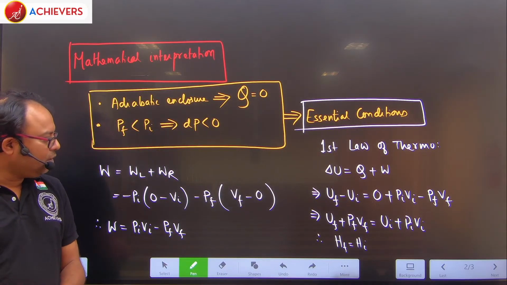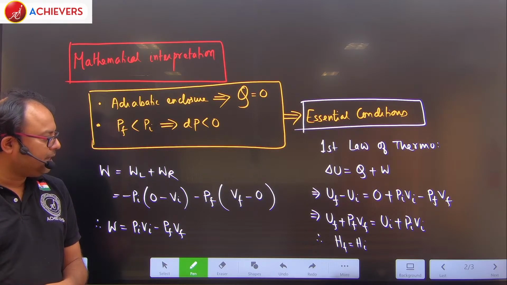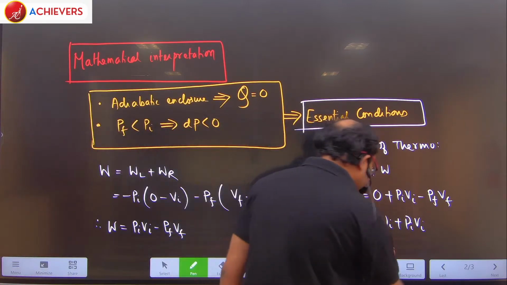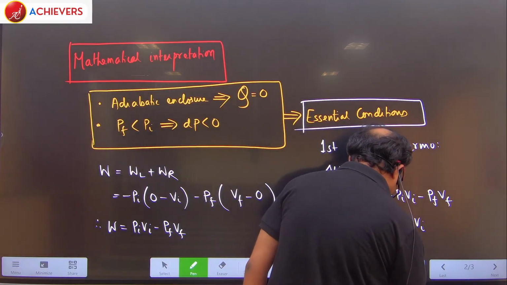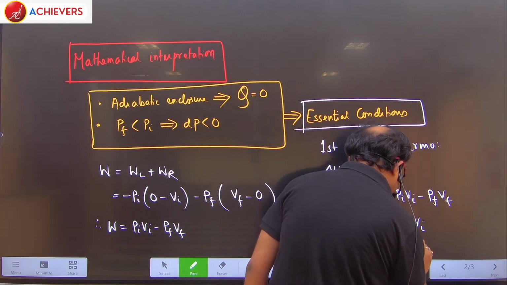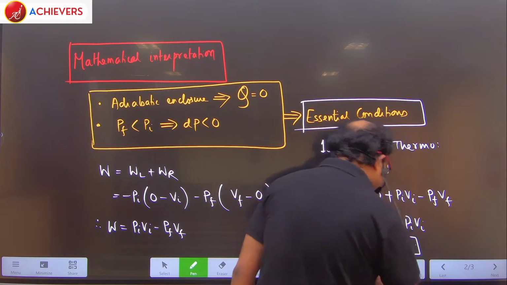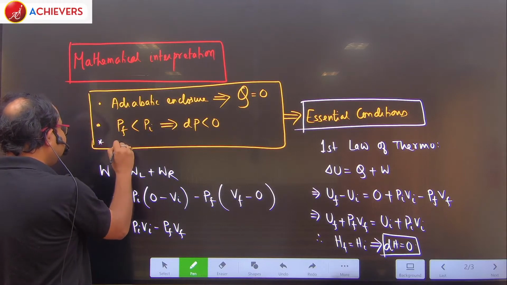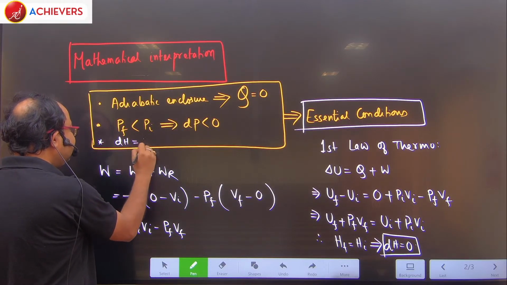So you find Uf plus Pf Vf equal to Ui plus Pi Vi. That makes Hf equal to Hi. That means dH is equal to 0. So one more essential condition has been added to it, that is dH is equal to 0.